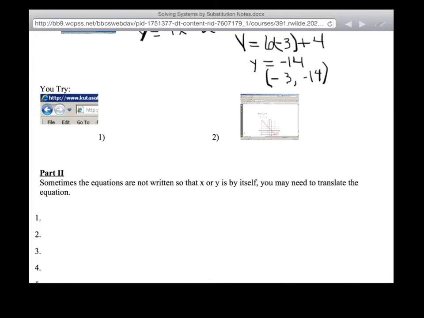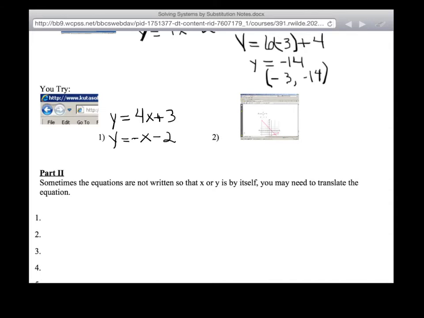Okay, now what I would like for you to do is the You Try part. I would like for you to do number 1, y equals 4x plus 3, and y equals negative x minus 2.